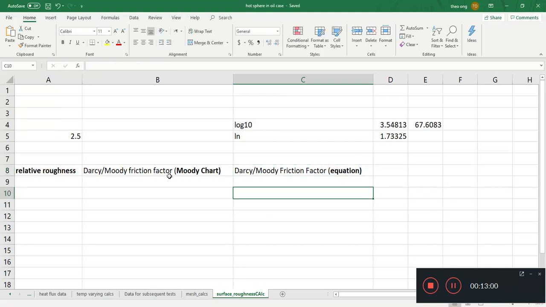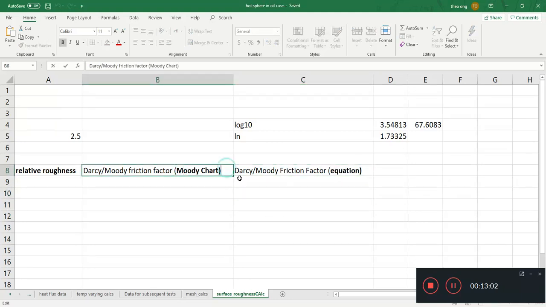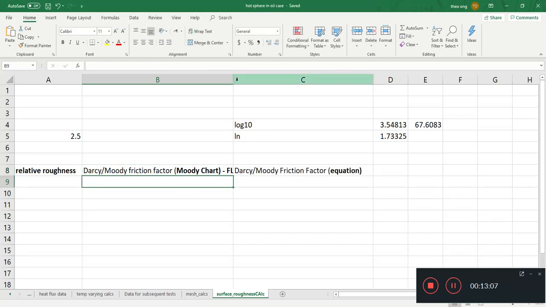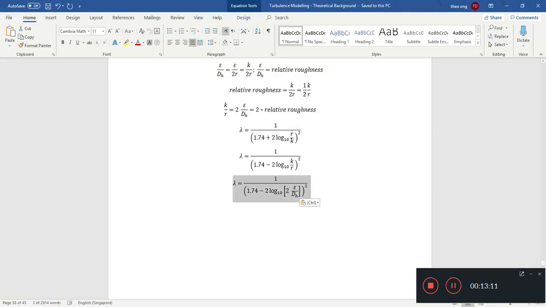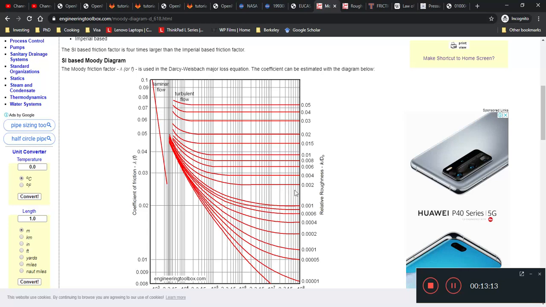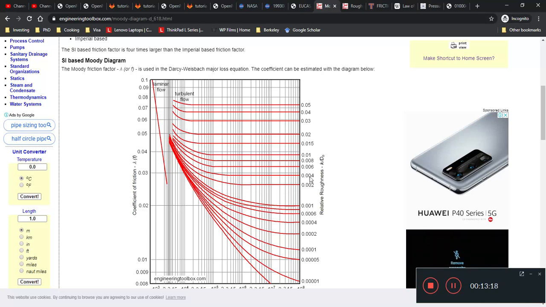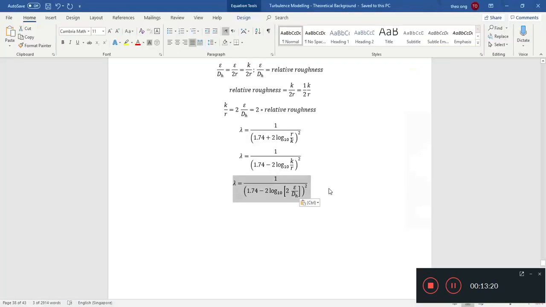Alright, so remember this thing has to be the flat part. The flat part, so that's the easiest part to read. Which part of the line has the flat part for us? We can take a look at the relative roughness of 0.02, 0.04, and so on, or 0.002.